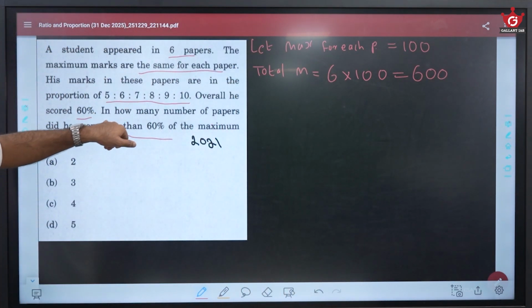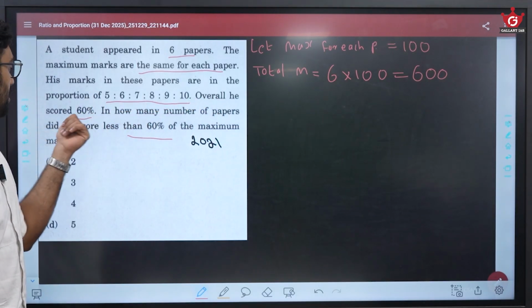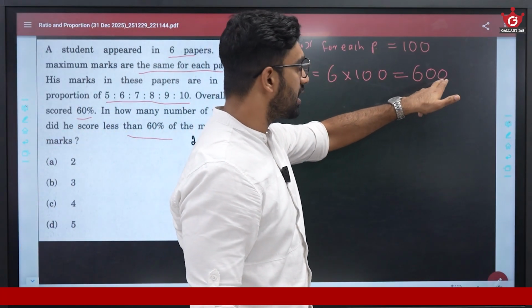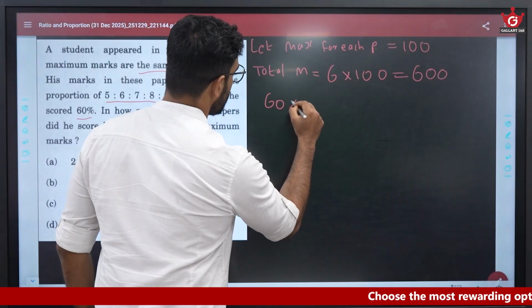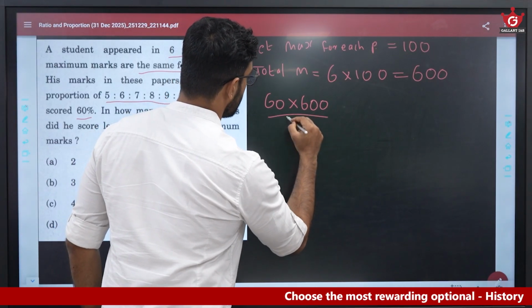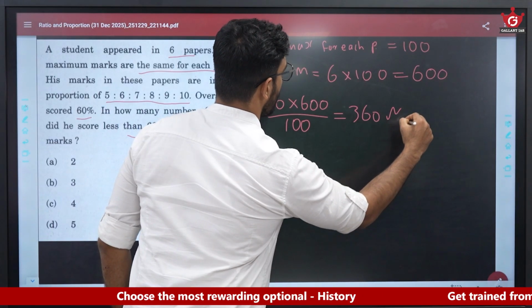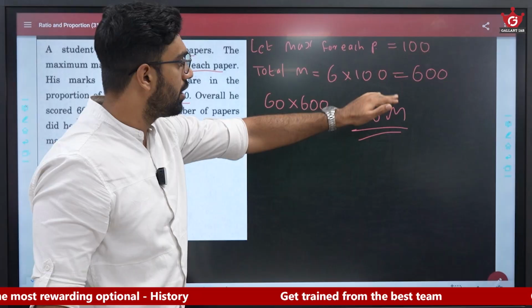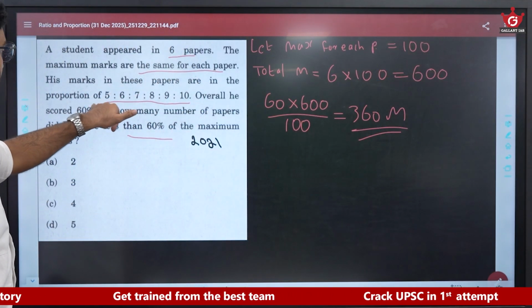Now it says that overall he scored 60%, which means he scored 60% of this 600. 60% of 600 is equal to 360. So 360 marks is what he scored out of 600. Now they gave the proportion.